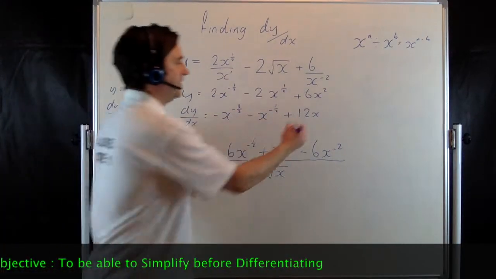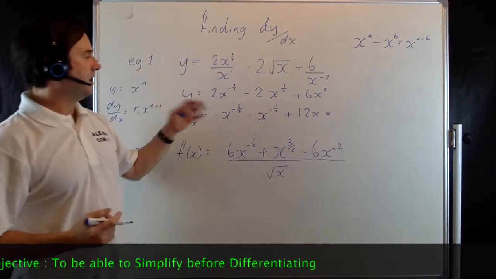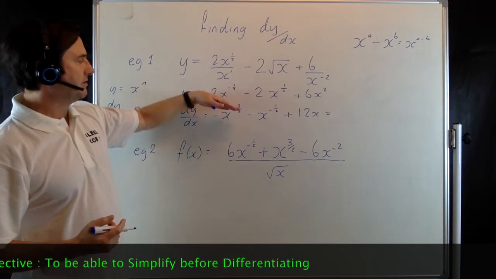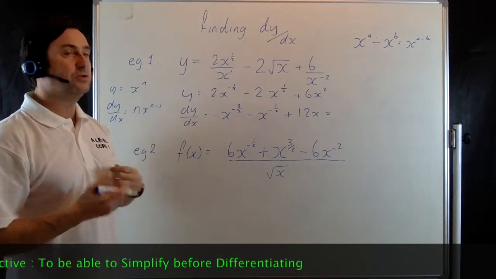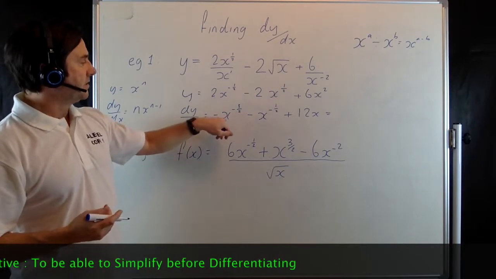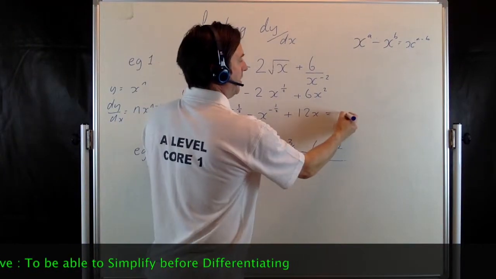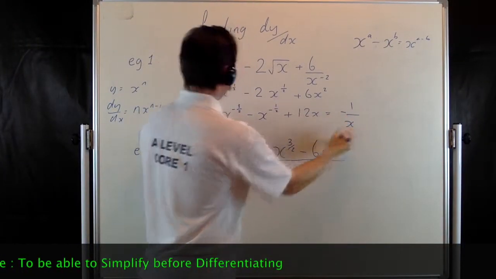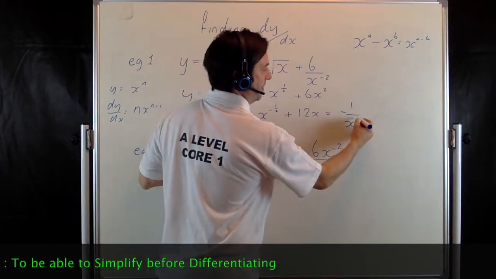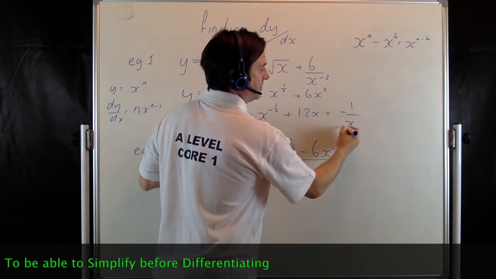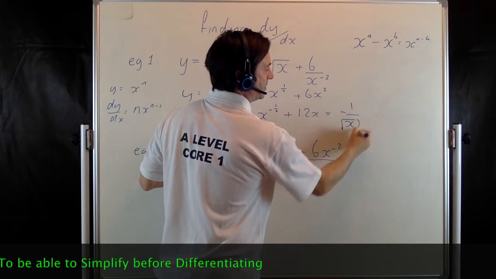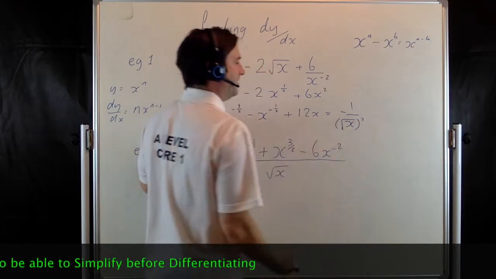We could then write this in a different format, which is a good idea if you want to put values of x into here. So this one would then be minus 1 over x to the positive 3 over 2. Well, the positive 3 over 2 is the same as root x raised to the power of 3.